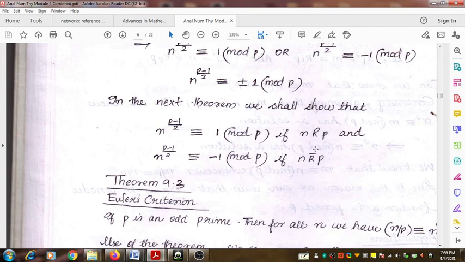A quadratic non-residue mod p is usually written as n R-bar p, with a line over the R, and this is the way we write it symbolically: n is a quadratic non-residue mod p.